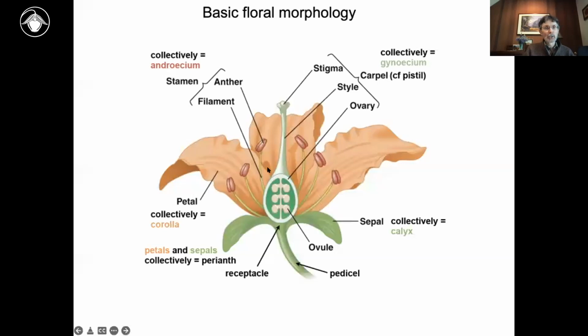In those cases, a pistil equals a carpel, but sometimes the carpels are fused together into a common structure that looks like this, in which case the pistil is composed of multiple carpels. And we'll look at that again in a moment. Just to let you know that carpel and pistil are not identical terms. They're not completely synonymous in all cases.